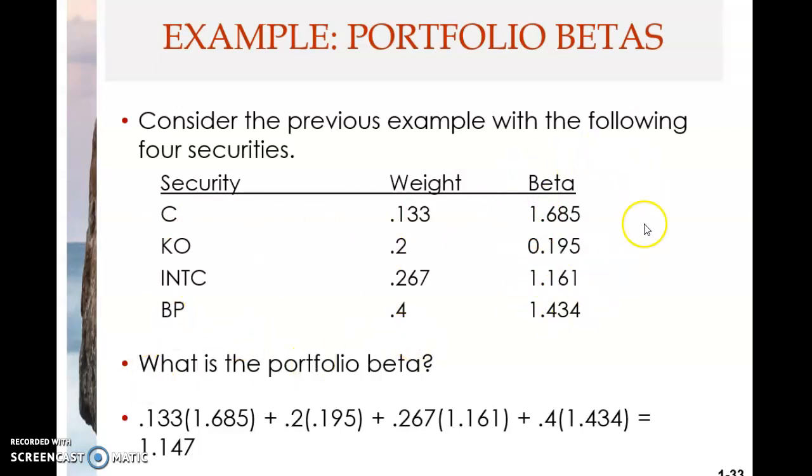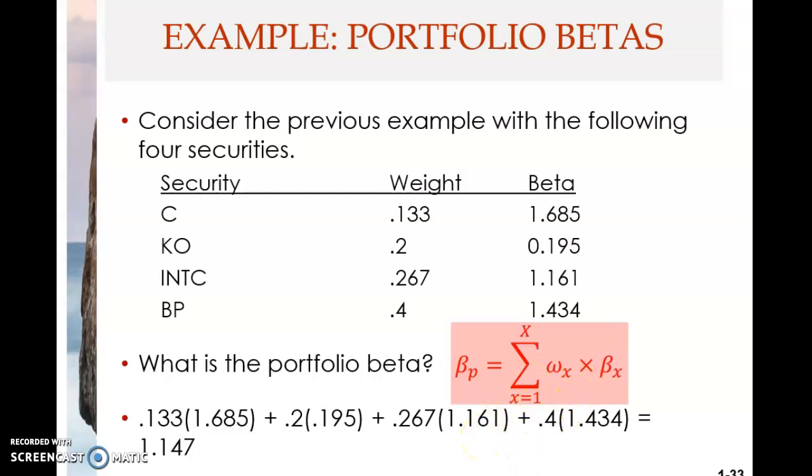Given the beta of the individual assets in the portfolio, you can compute the beta of the portfolio. This is the formula for the beta of the portfolio, which is similar to the expected return of the portfolio. The beta of the portfolio is equal to the sum from x equals 1 to capital X, where x is the component security or asset in the portfolio.